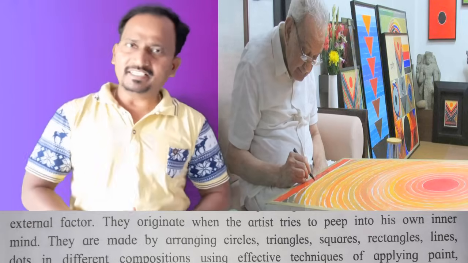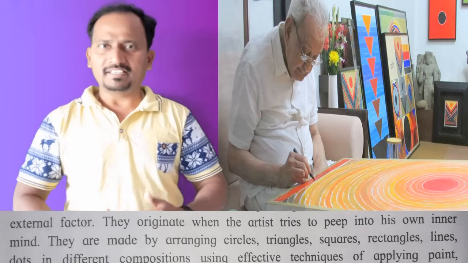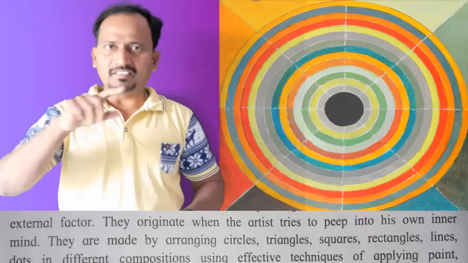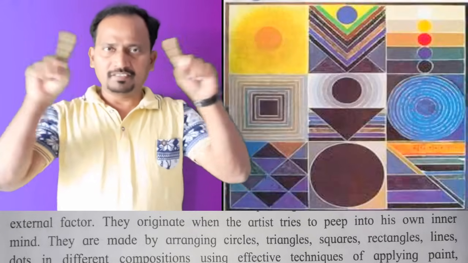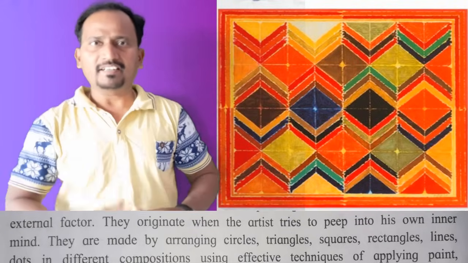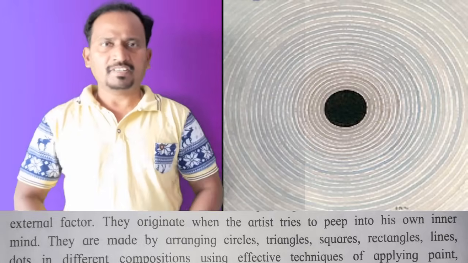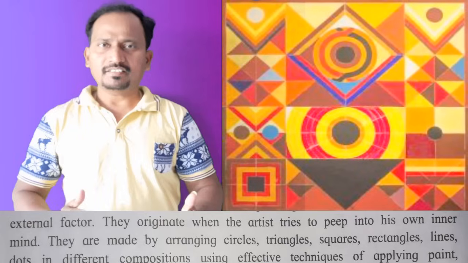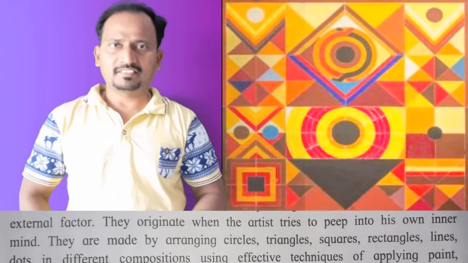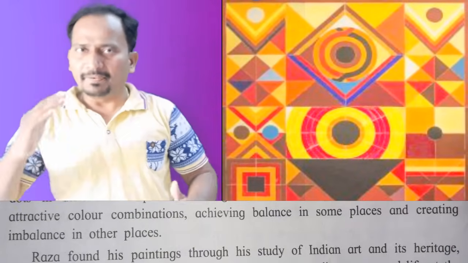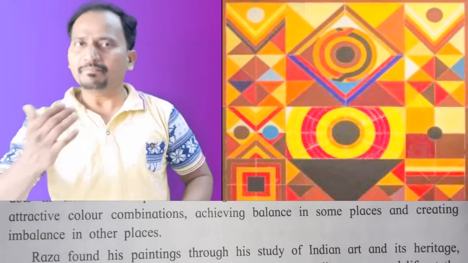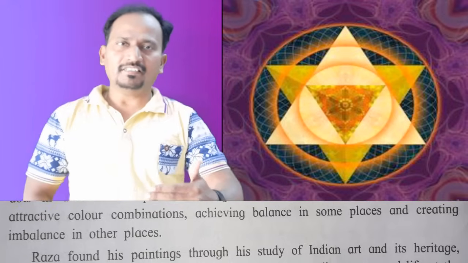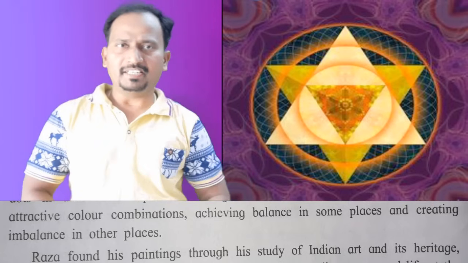These types of paintings are made by arranging lines, circles, triangles, squares, rectangles, and dots in different compositions using effective techniques such as applying paint, achieving balance in some places and creating imbalance in other places.